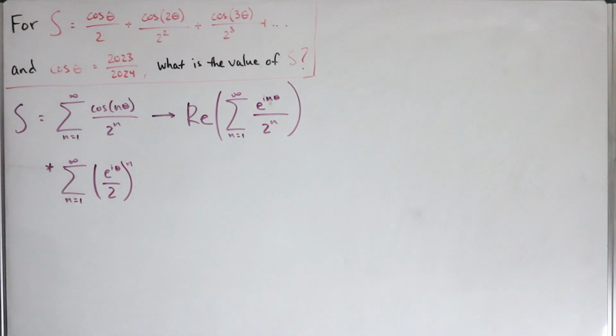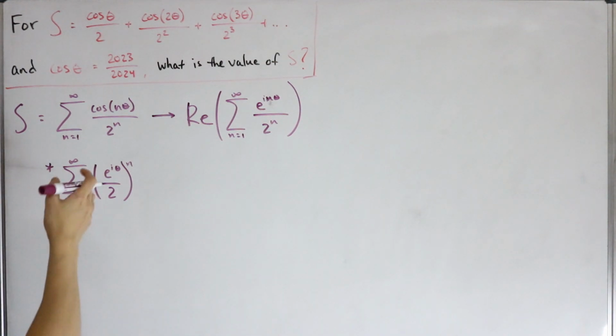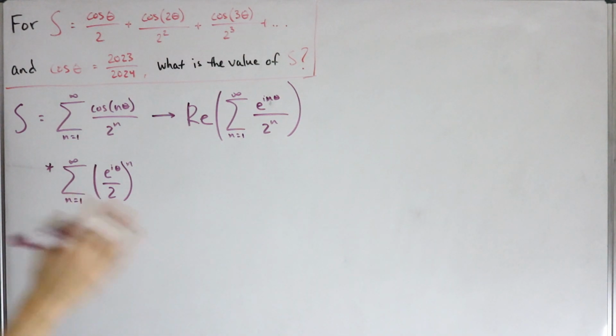Doesn't this look familiar? This is in the form of a geometric series. And of course, for a geometric series with a complex number, it still utilizes the same validity as for a real number, such that the absolute value of the complex number z must be strictly less than 1 for it to converge.